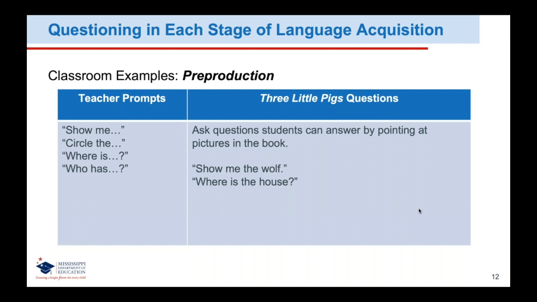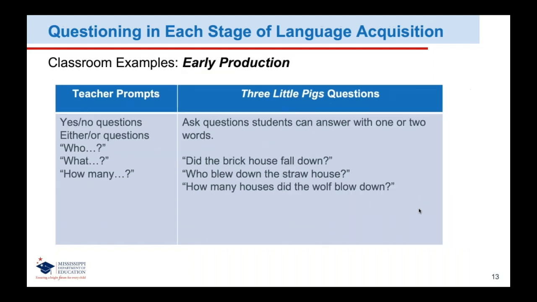Where is the house? Who was the bad guy in the book? So again, these are things the students might not be able to verbalize to us, but they can definitely understand what we mean, and they can point to us so they can demonstrate their knowledge.